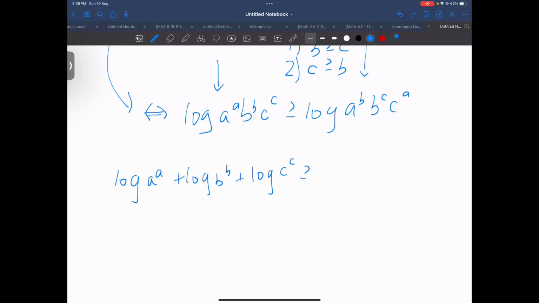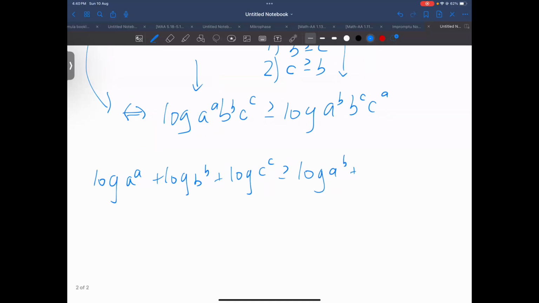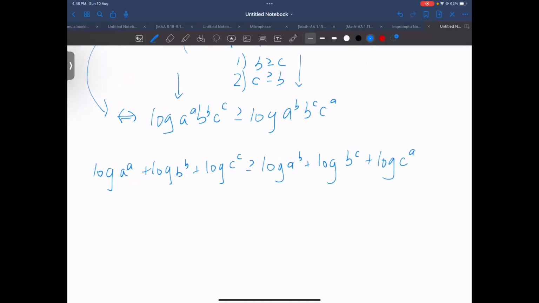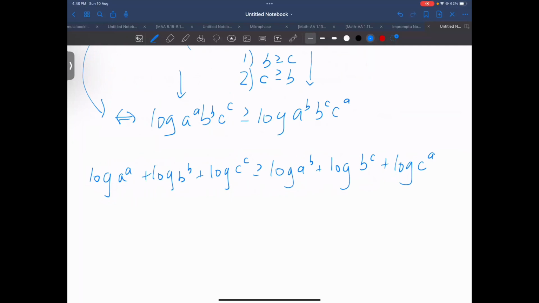And then the right-hand side is the same as log of a to the power of b plus log of b to the power of c plus log of c to the power of a. Now this is actually looking a little bit like what we had before. Does anyone have any clue as to what we can do next?